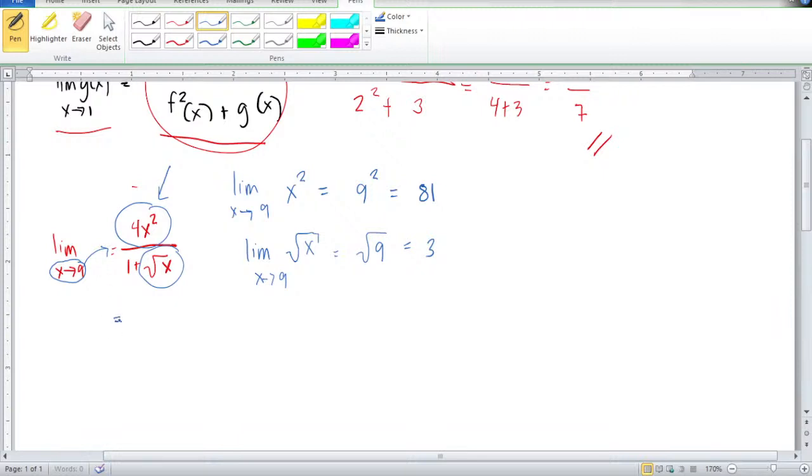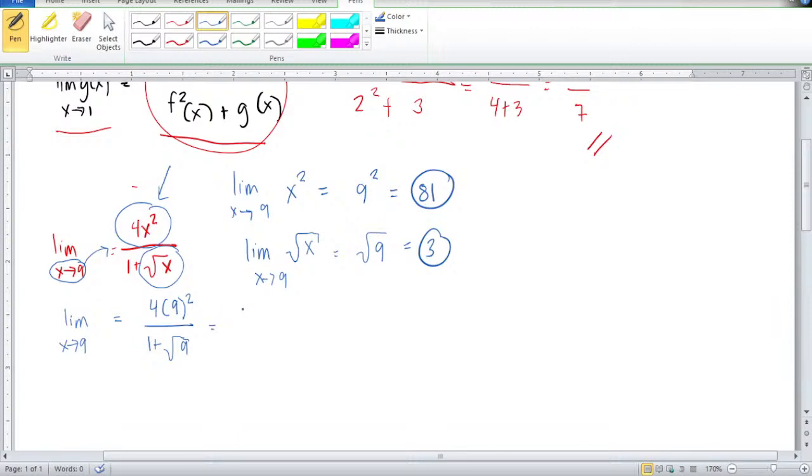So simply, we have the limit as x approaches 9 is simply 4 times 9 squared over 1 plus square root of 9. Ganyan. Or pwede mong gamitin yung value na kaninang sinolve natin, yung 81 tsaka 3. Kasi yan supposedly yung gagamitin natin, right? That we have to evaluate first.